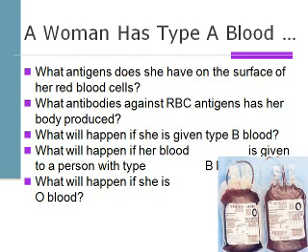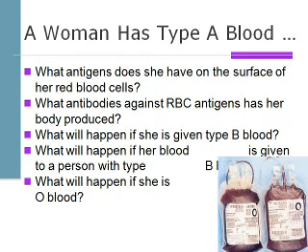So I think we kind of answered the next question of what will happen if she's given type B blood. The red blood cells in that type B blood have B antigens on their surface, so her anti-B antibodies will attack it and destroy it.